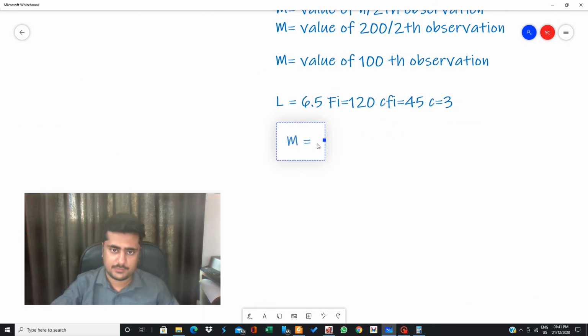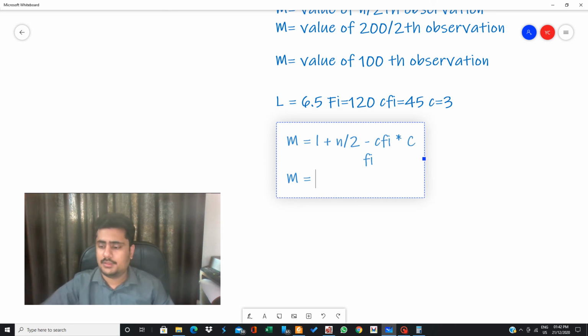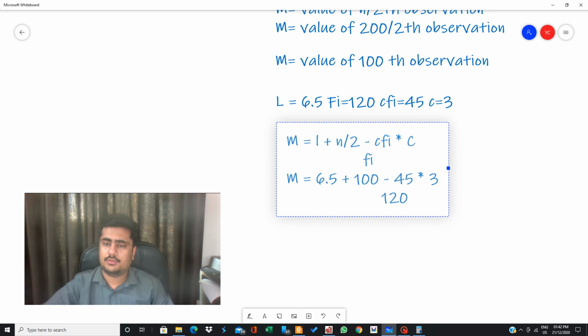My formula for median is L plus n by 2 minus CF upon f into c. So median is 6.5 plus 200 by 2, that is 100, minus CF upon f into c.